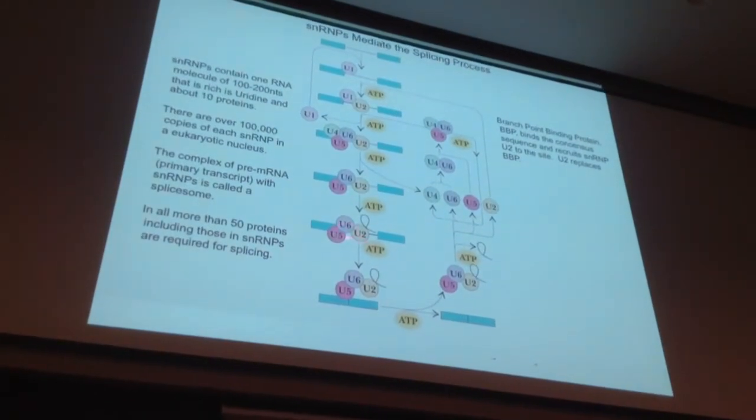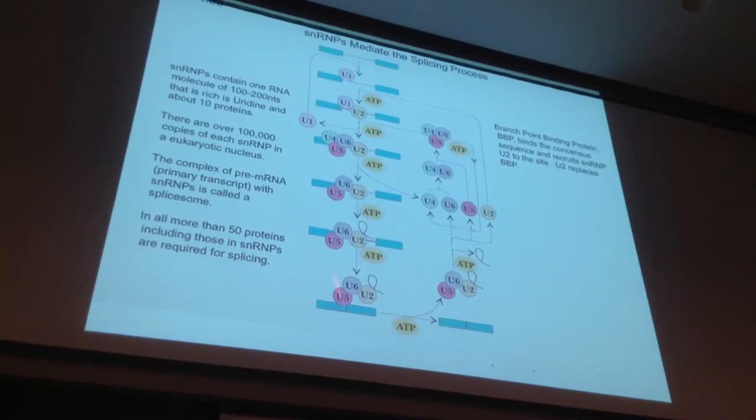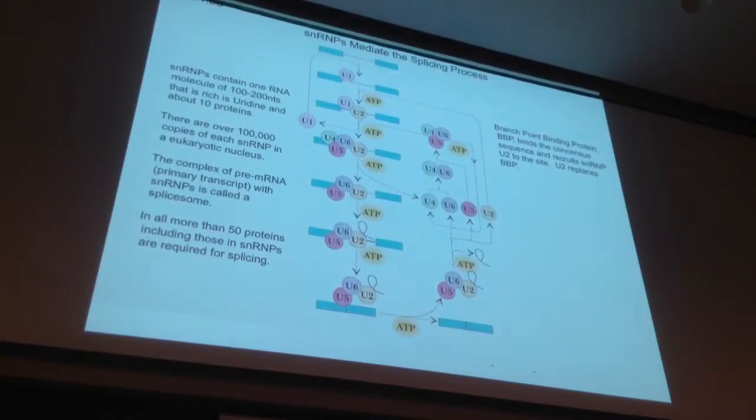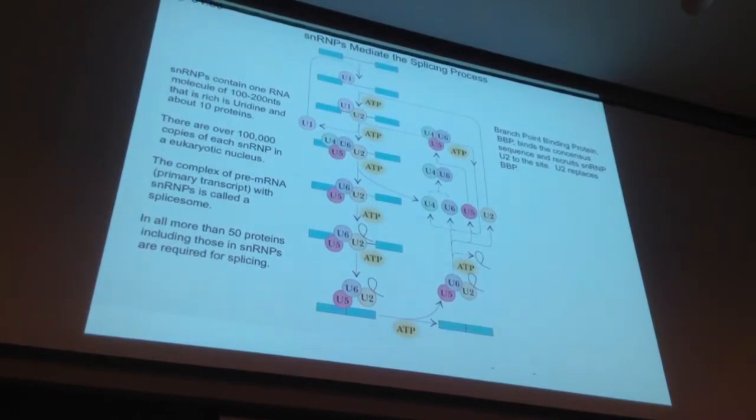Each of these RNAs in those SNRPs recognizes each other and the intron. During each step, there's a movement of the RNAs. They relocate themselves, react with different parts of RNAs, and form complementarity with different RNAs.